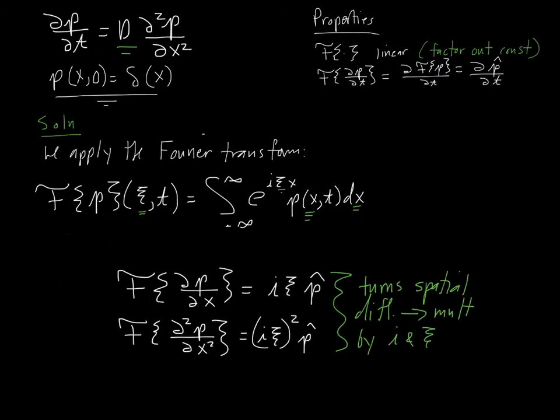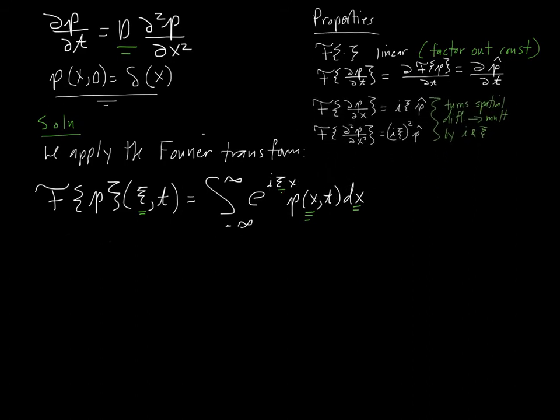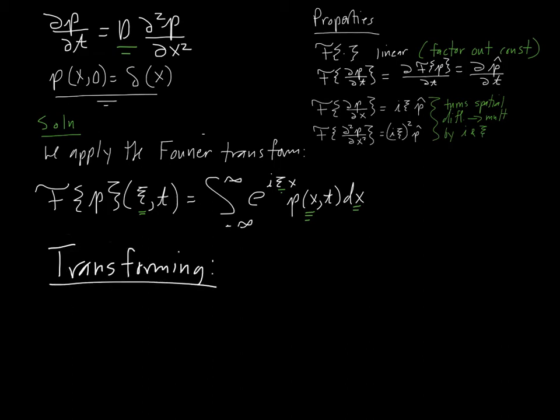Okay, so let's transform our problem with those properties in tow. We have dp/dt is equal to d squared p/dx squared.